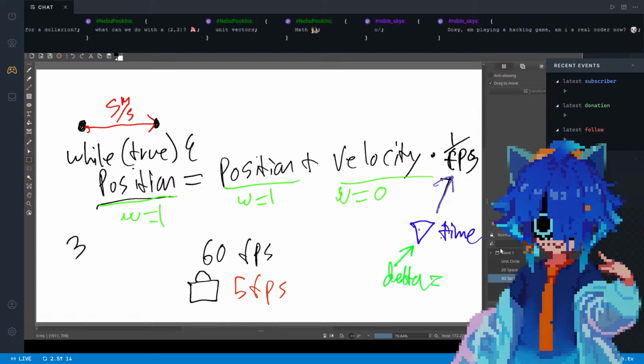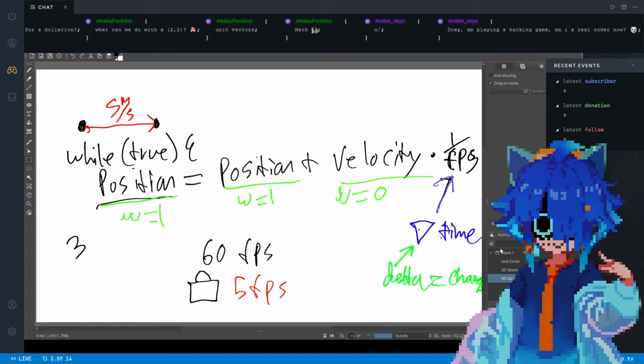That means change. So we write the 1 over frames per second as change in time, or delta time. And it turns out that this formula right here is able to compute almost all of the basic physics that a ton of games need. Position equals position plus velocity times delta time will carry you a very long way into physics.